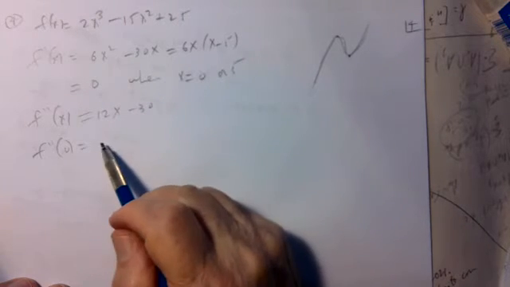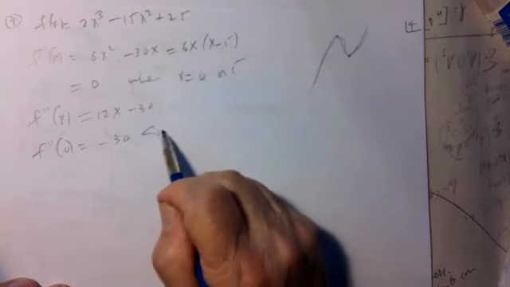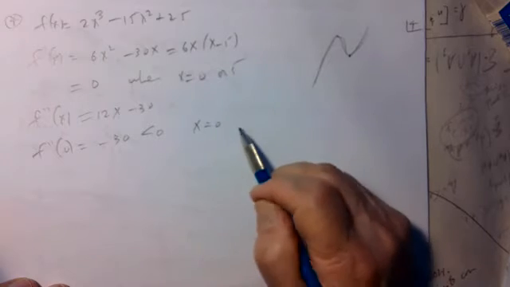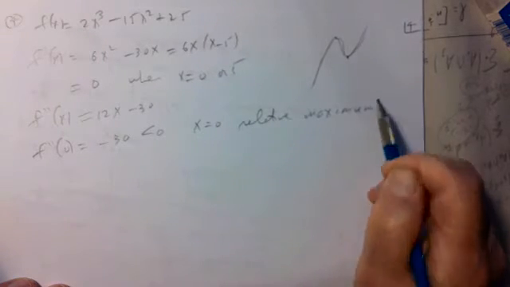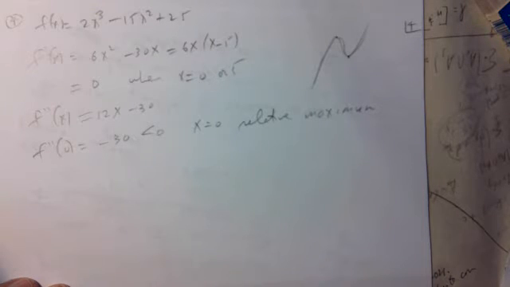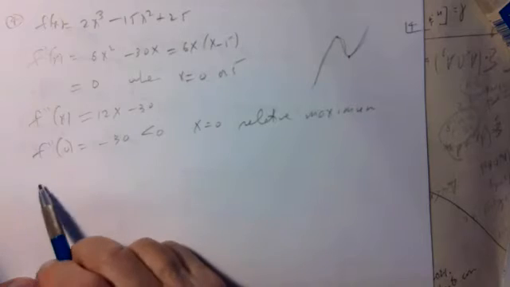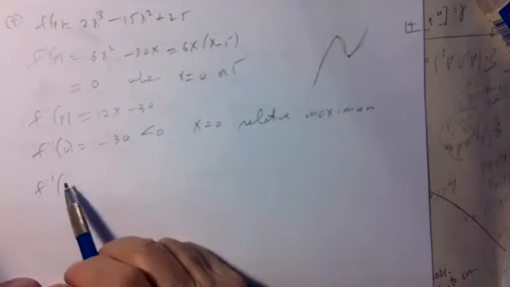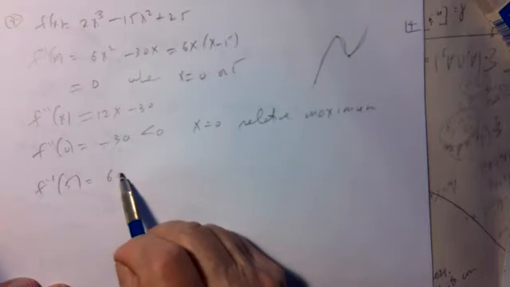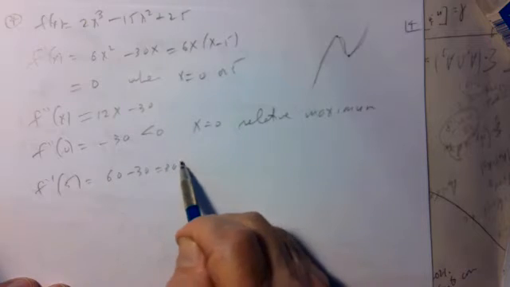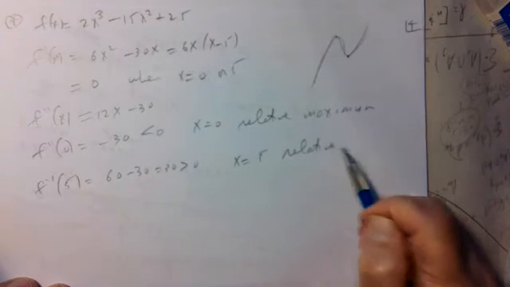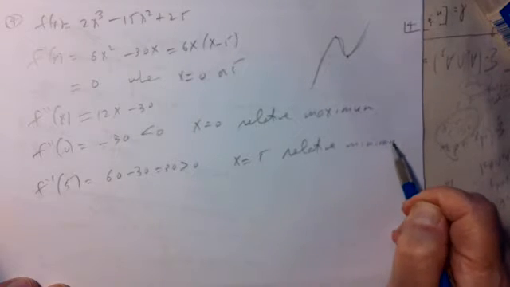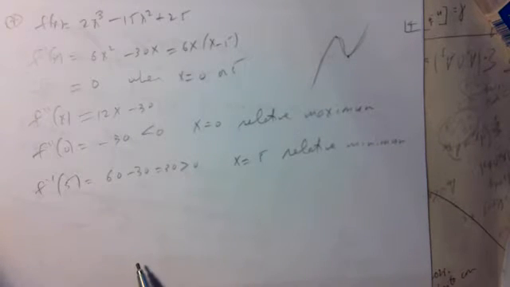Second derivative at 0 is minus 30. That's negative. So x equals 0 is a relative maximum by the second derivative test. F double prime evaluated at 5 is 60 minus 30, which is plus 30, which is positive. So x equals 5 is a relative minimum.